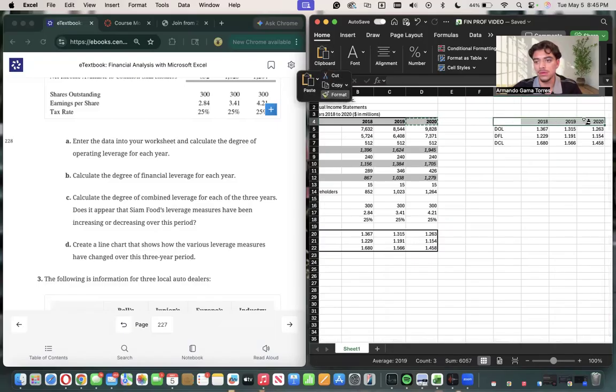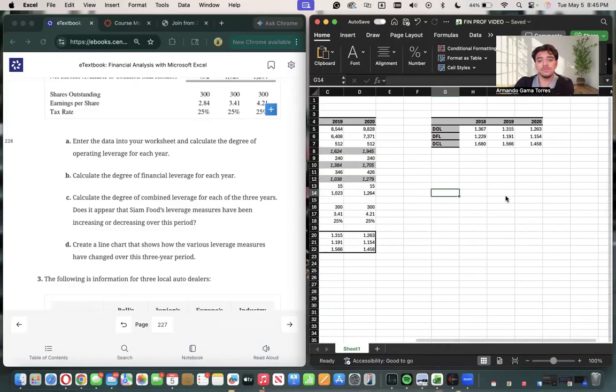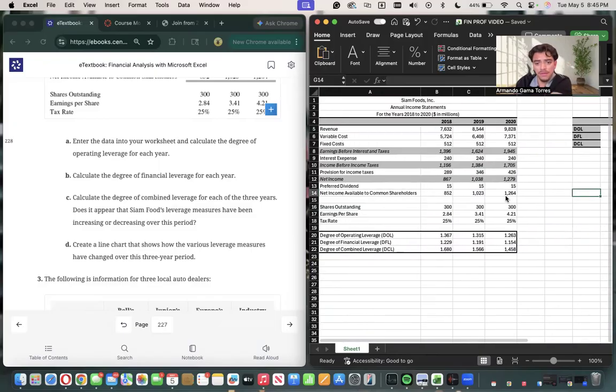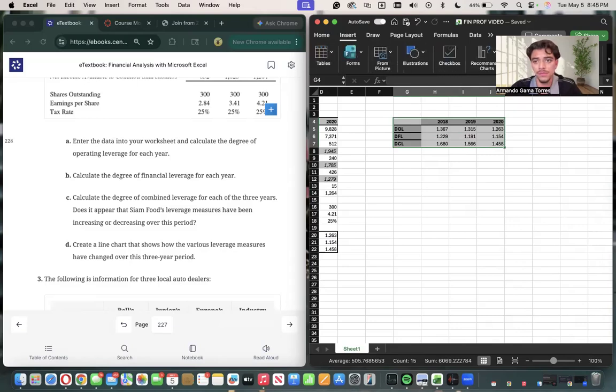So just format that, see how it looks. That's all right. Now that we have that, we're going to create our chart. So let's just insert.